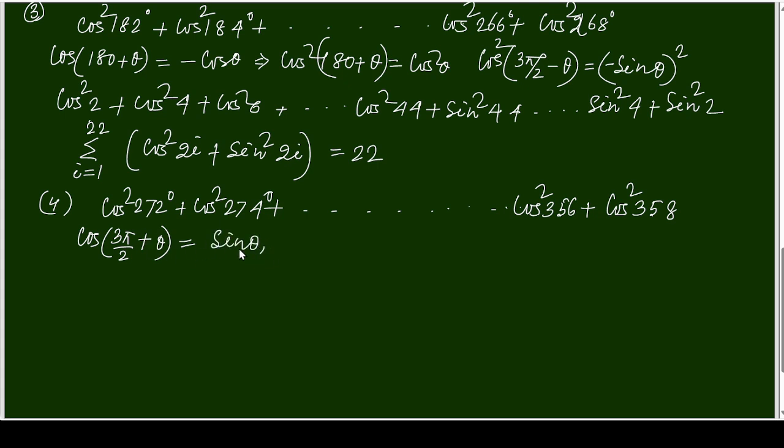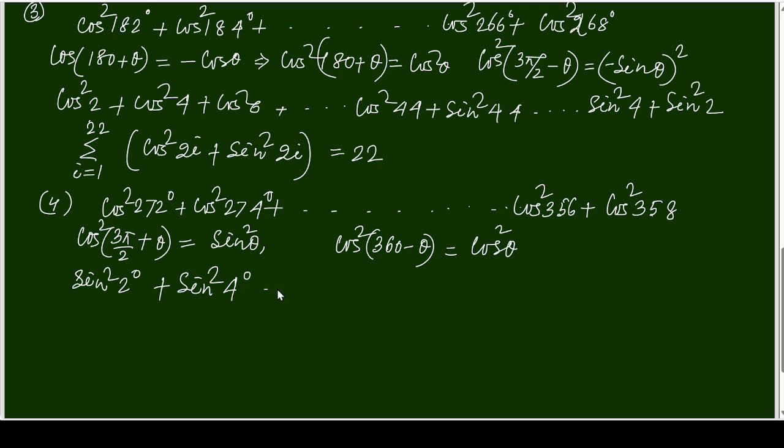If I take the square, it will be sin square, and for the last 22 terms we'll put cos 360 minus theta equal to cos theta, or cos square equal to cos square. I'm not writing all the terms, you must have understood what I am doing. So first one will be sin square 2 degree plus sin square 4 degree, and so on.